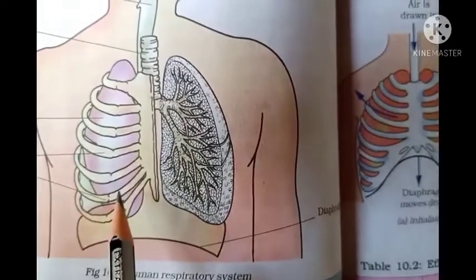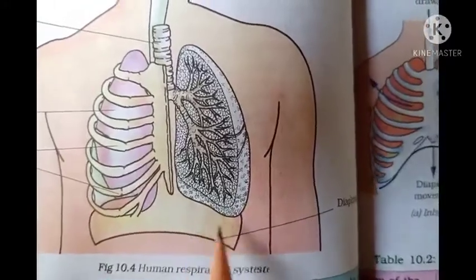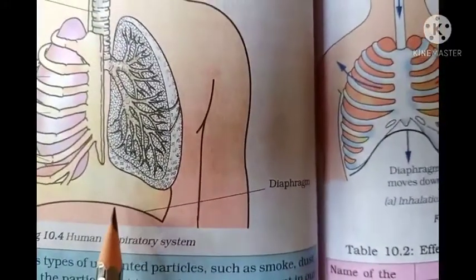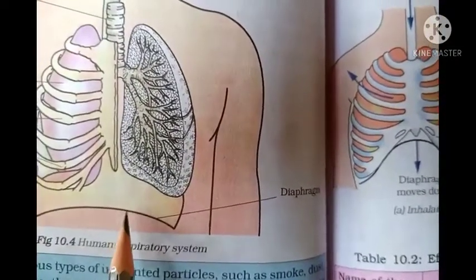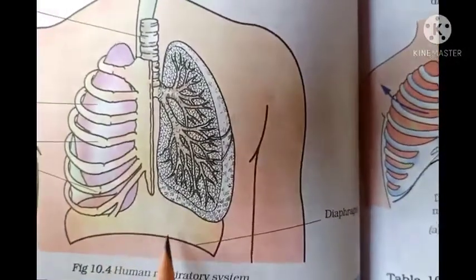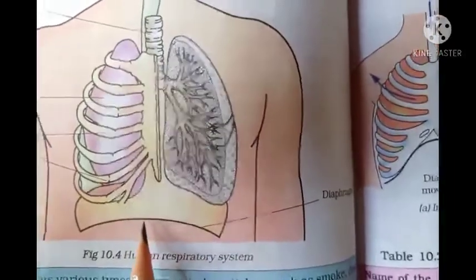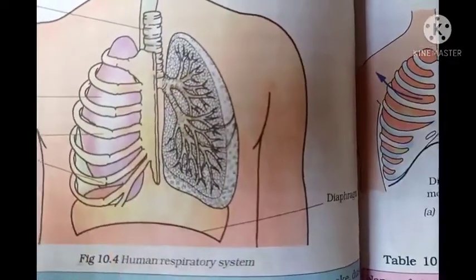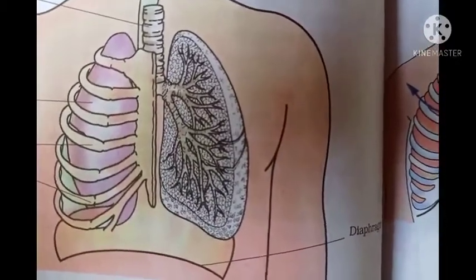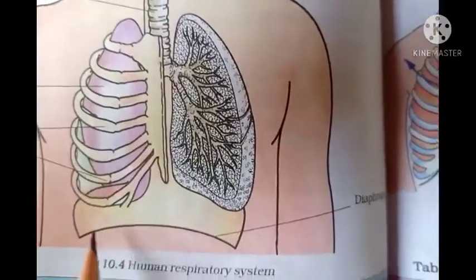A large muscular sheet called the diaphragm is here. It is made up of muscle, so it is a muscular sheet. It is called the diaphragm. This diaphragm forms the floor of the chest cavity.